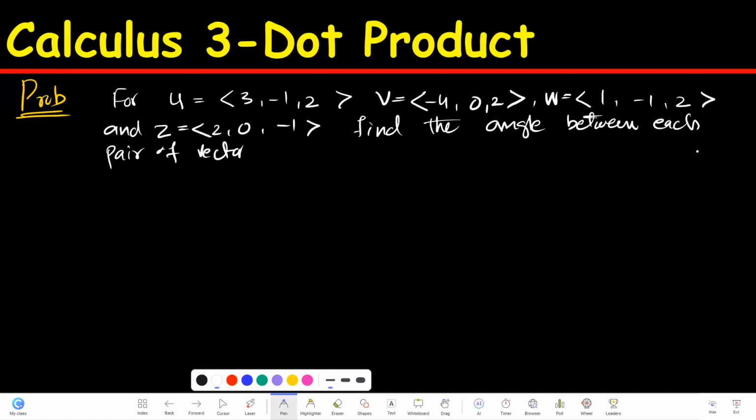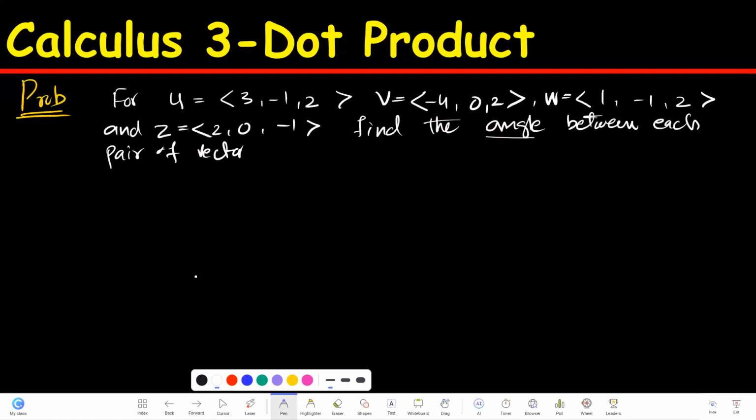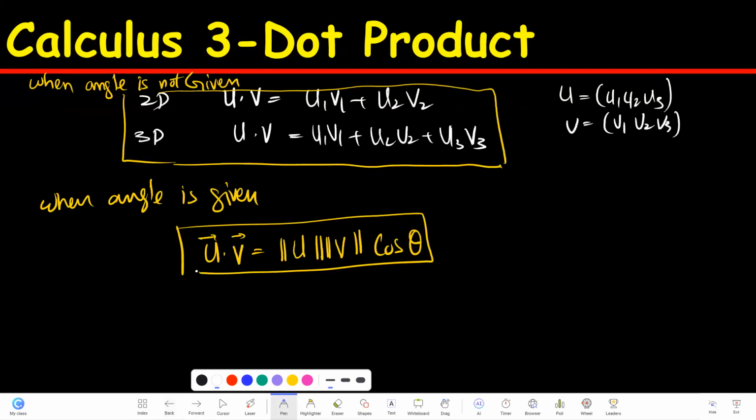So if you're talking about the angle, which formula should I use? The top one or the bottom one? They're asking me the angle in this problem. Which formula should I use? The bottom one or the top one? Bottom one, because for the top one I actually skipped the cos theta, so I couldn't find the cos theta.